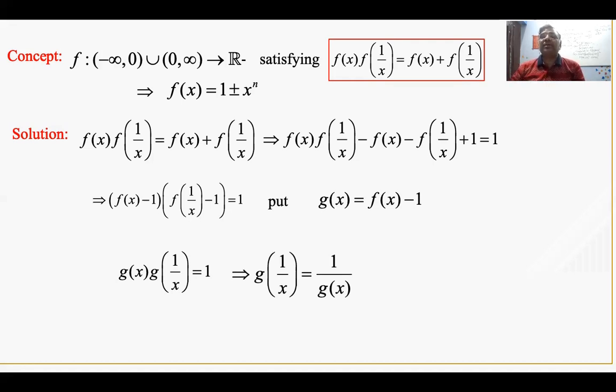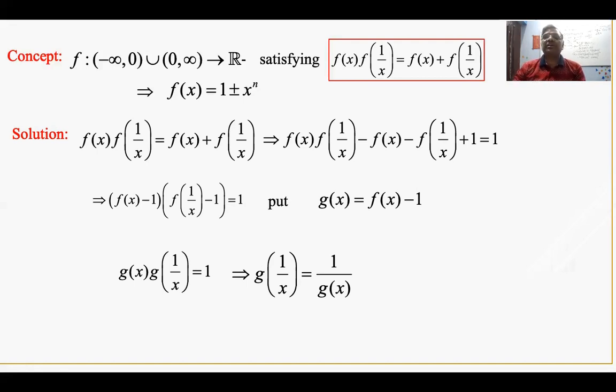That is, g of x is a function such that when 1 by x is put in place of x, the whole function becomes its reciprocal. That is, we get 1 by g of x. So what type of function is it? The function must be such that when x is replaced by 1 by x, the whole function becomes its reciprocal.